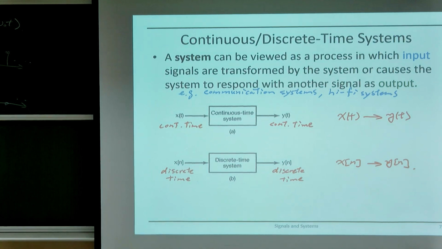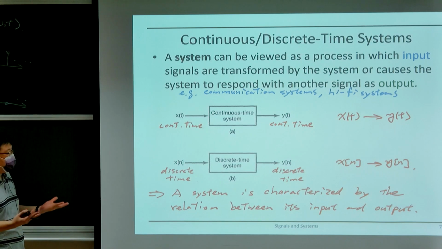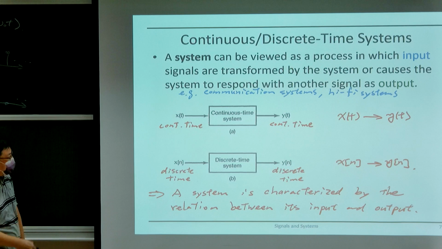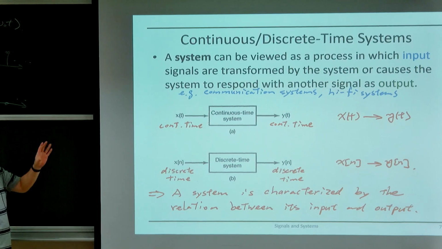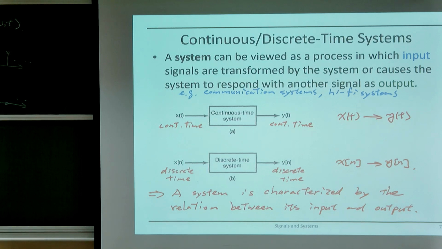Different systems may produce input and output with different relationships, so in order to characterize these different systems, you need to be able to describe the relation between the input and output.